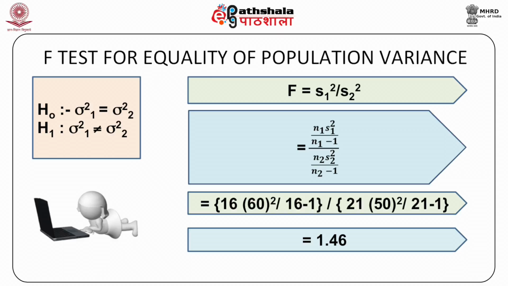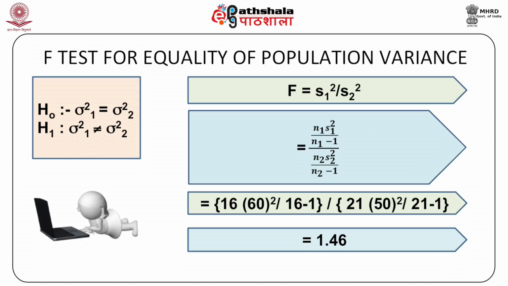Now we substitute the relevant numbers: {16 times 60 squared upon 16 minus 1} upon {21 times 50 squared upon 21 minus 1}.